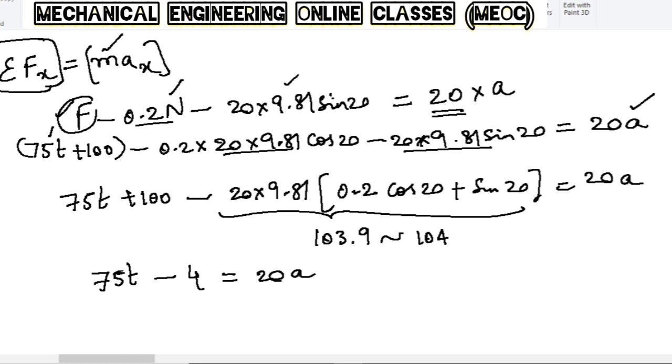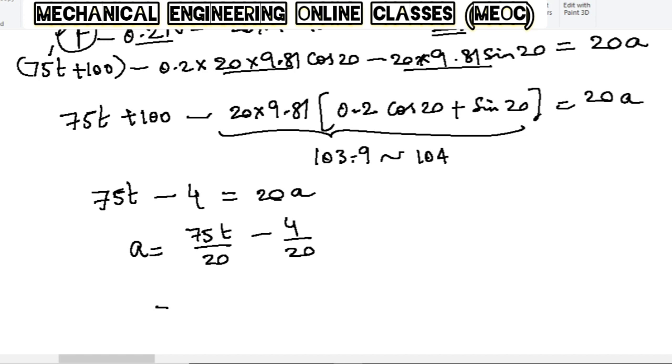So now from here we can find a. A is nothing but 75t by 20 minus 104 by 20, which is 3.75t minus 0.2.